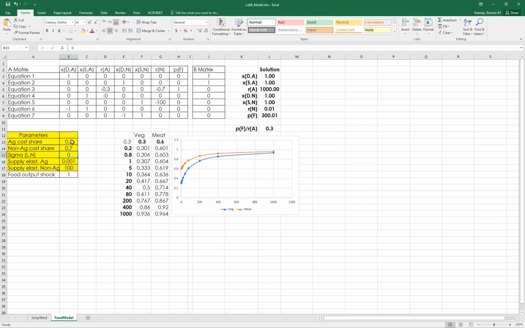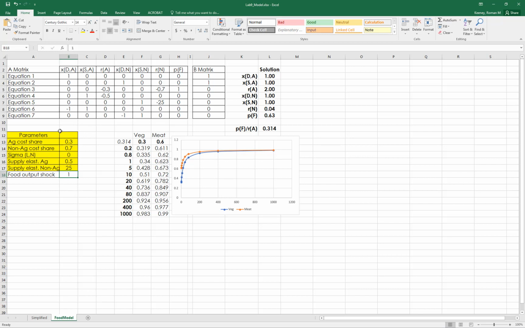For the supply elasticity for ag, let's make it inelastic, so it's small. We'll put 0.5. For the supply elasticity for non-ag, we're going to make it large, but not quite as large as we have been, 25. That gives us a full set of results here.